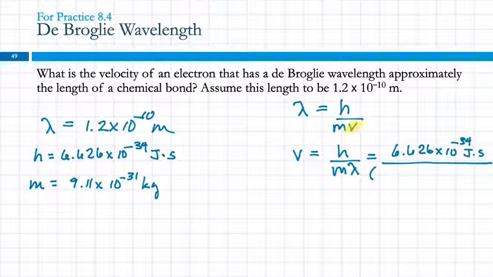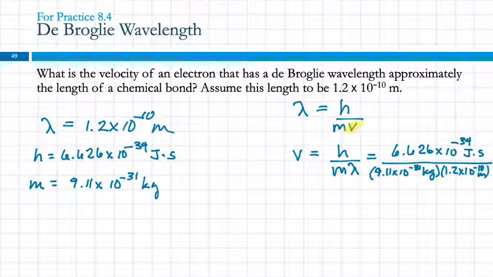I would give it to you somewhere in kilograms because that's what you need. And the answer would not be something where I was trying to trick you and see, did they convert it to grams? I wouldn't do that. 10 to the minus 31 kilograms. And lambda is 1.2 times 10 to the minus 10 meters.